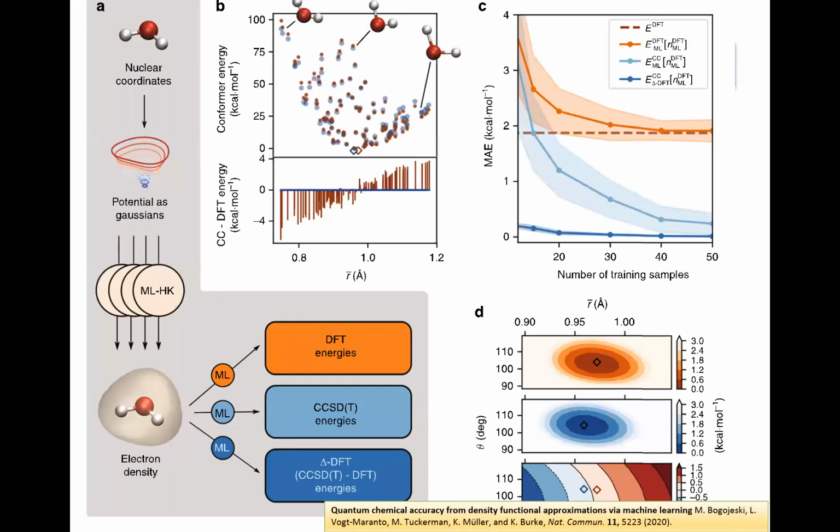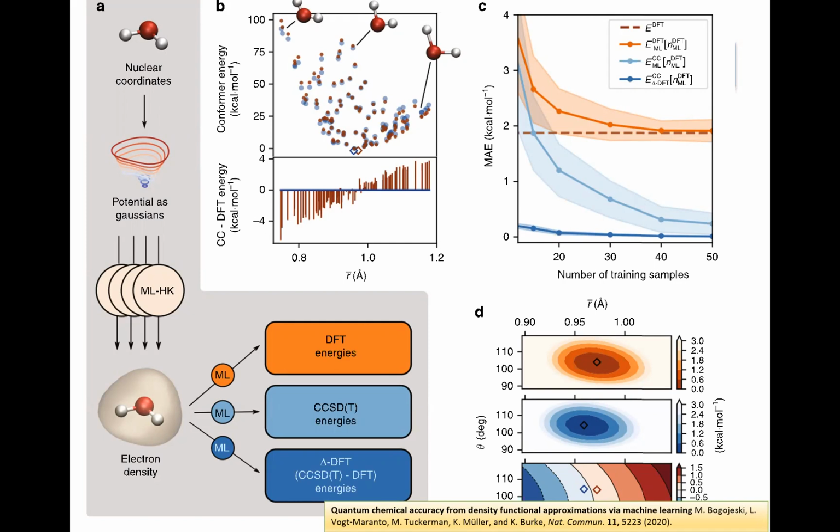And then a little bit later, we created this thing called delta DFT. This is pretty much the same setup, except that instead of training on DFT energies, we trained on much more expensive energies from quantum chemistry, CCSD(T).